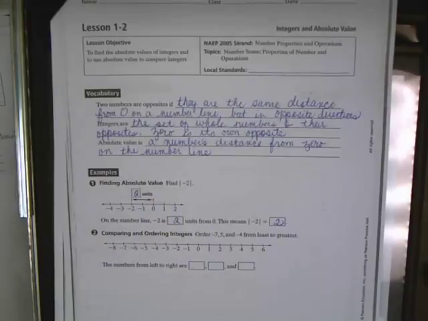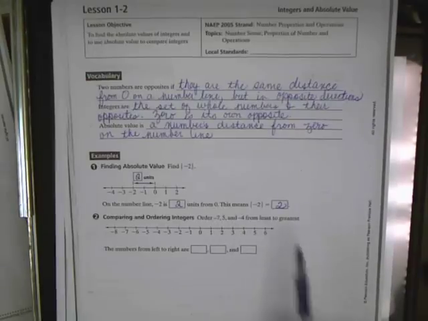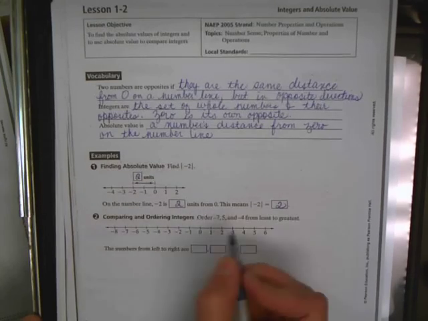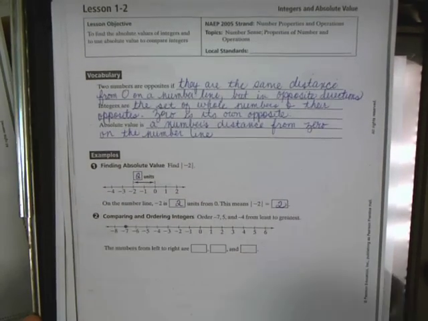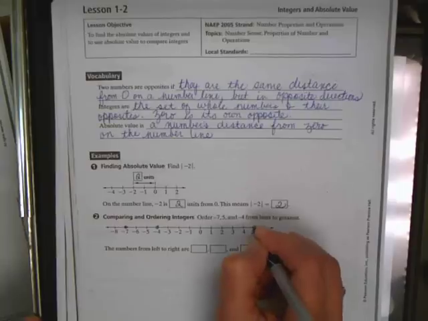Very straightforward there. Okay. Comparing and ordering integers. If we want to order the integers -7, 5, and -4 from least to greatest, a number line can be helpful if you'll plot each of these points. So -7, -4, and +5.